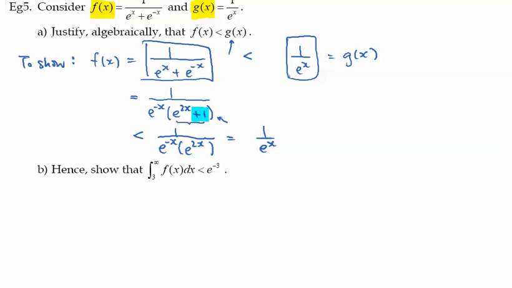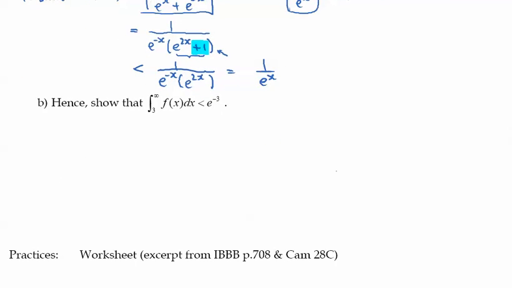Using this concept, I can now find the integration of function f from 3 to infinity. From 3 to infinity, this function f would definitely be less than the area under this. So if I can evaluate the right hand side here, I probably will come up with e to the negative 3.